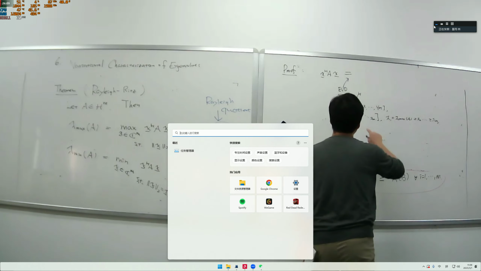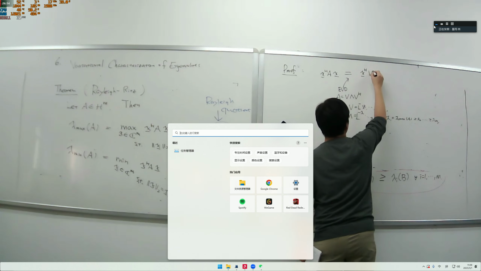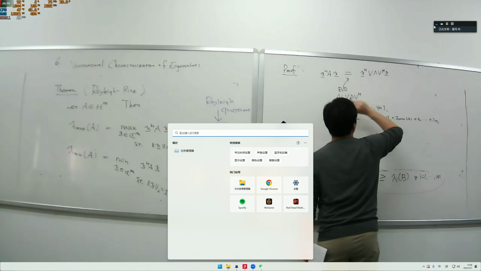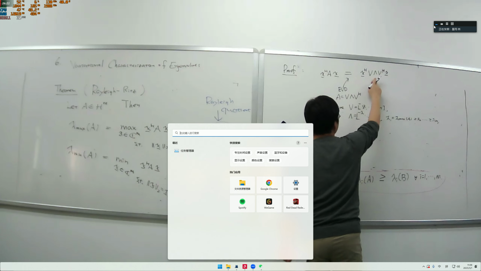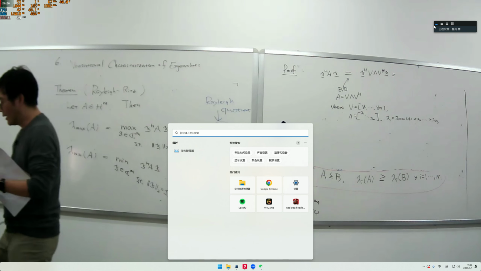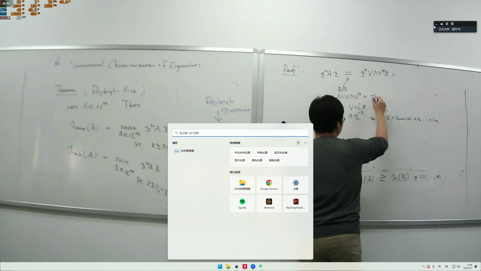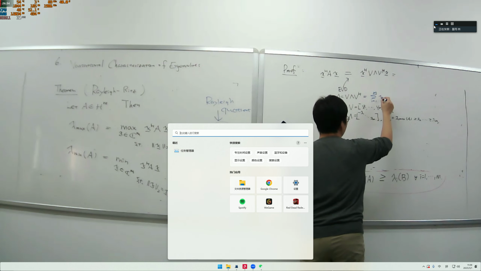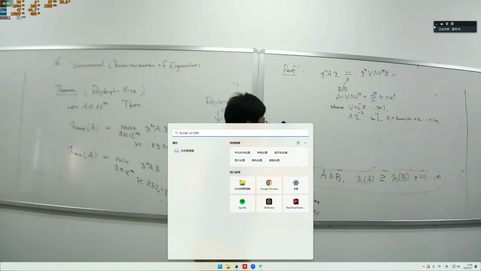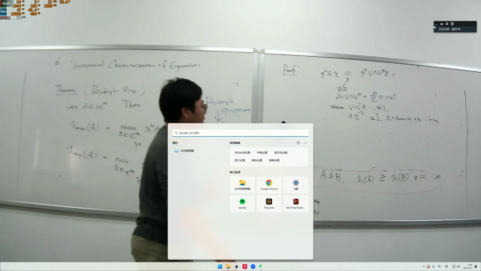Then you substitute this into here. So you see this is x Hermitian V Lambda V Hermitian x. We can use the outer product expression: A can be written this way, as the summation over i from 1 to n of lambda i v_i v_i Hermitian.